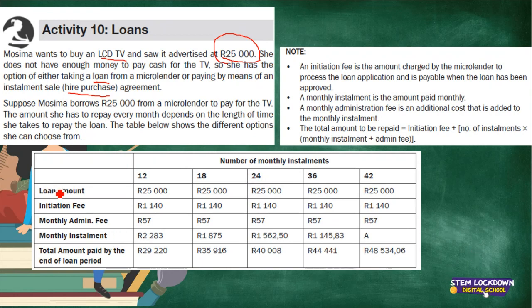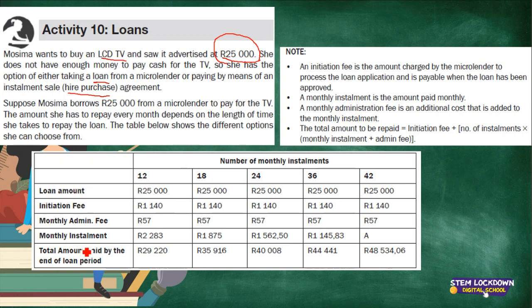The first option, loan amount, she can take 25,000 over 12 months, right? And obviously pay the initiation fee, which is the same regardless of the term. And obviously a monthly administrative fee is 57 rand, the same throughout, regardless of the term, right?